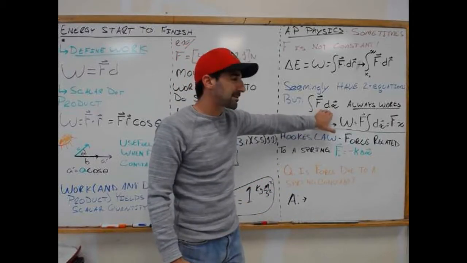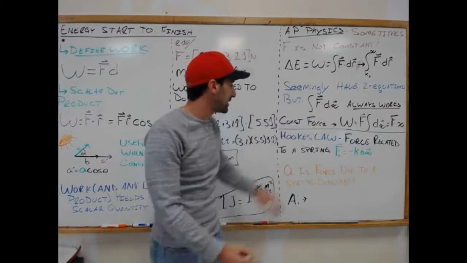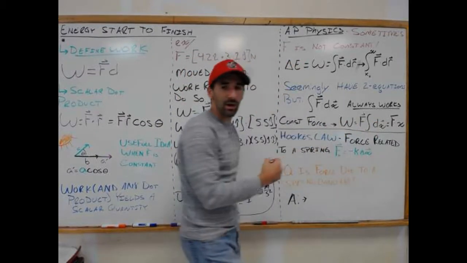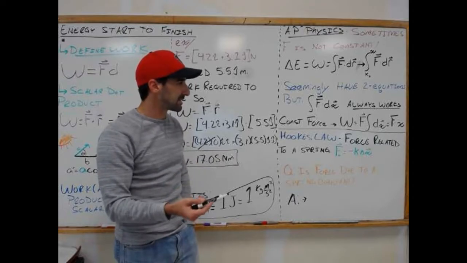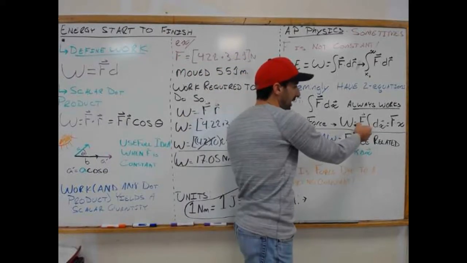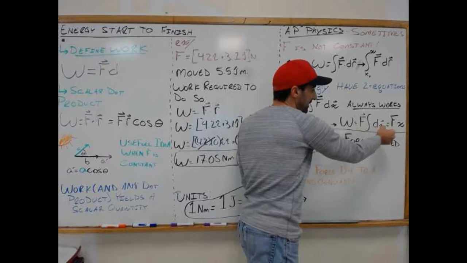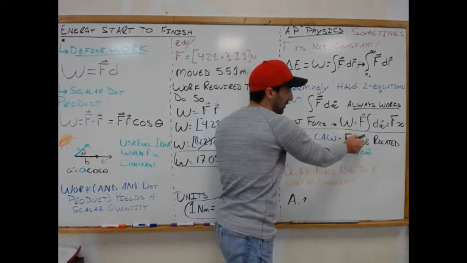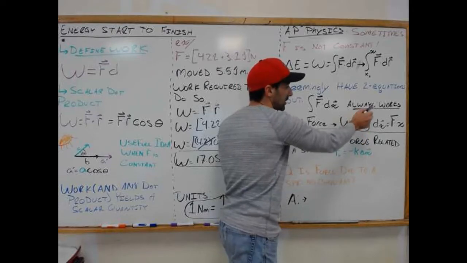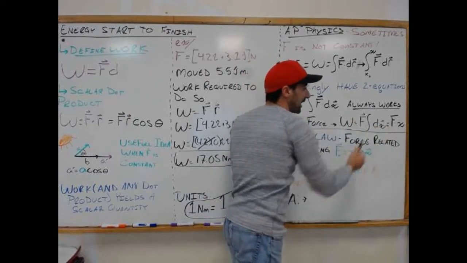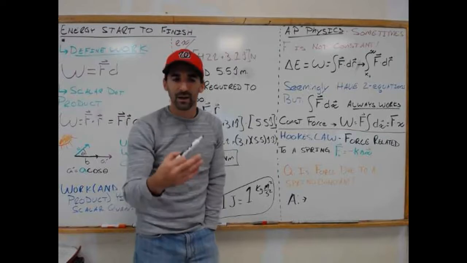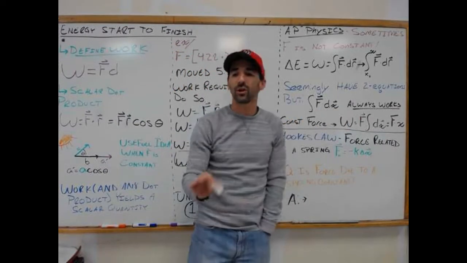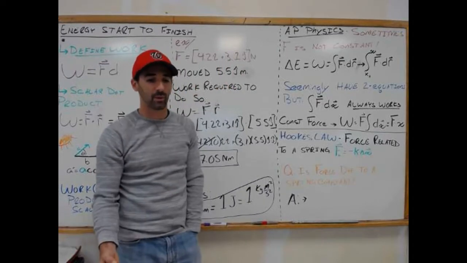The reason I sometimes don't need it is if F is constant, that force just comes out of my integral. So I can pull that out, and then I just have F times the antiderivative of dx. When I take the antiderivative of dx from an initial to final position, it's just F times x. So they're definitely the same. This is a more powerful equation, and you don't ever need to memorize both.